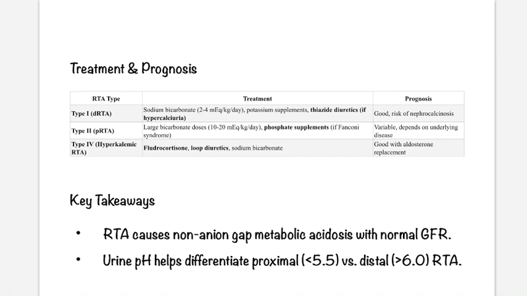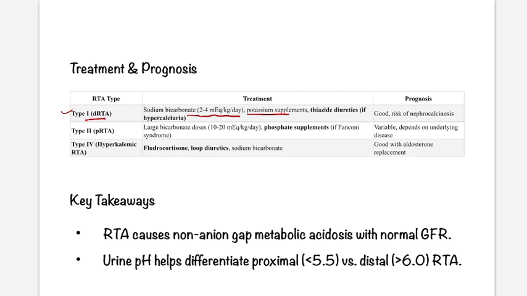So how will you treat? Just pay attention. Type 1, that is distal RTA. What is the problem? Impaired H plus ion excretion. H plus ion is not getting excreted. Bicarb is getting lost but in lesser quantity. So give sodium bicarb 2 to 4 mEq per kg per day as maintenance dose. Hypokalemia is there, so give potassium supplements, and just check urine routine.